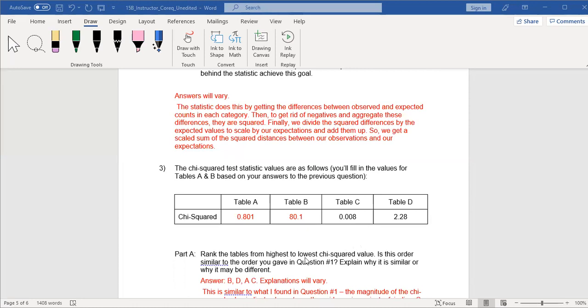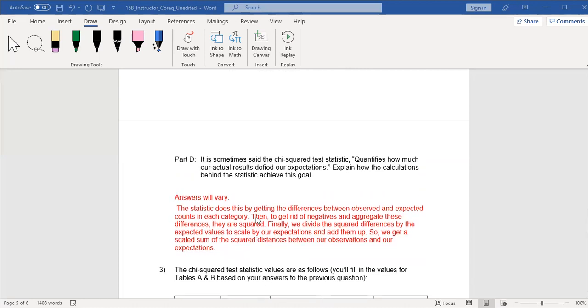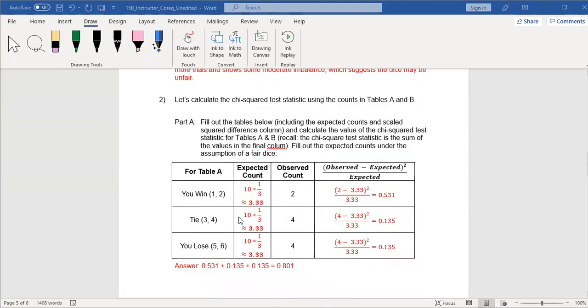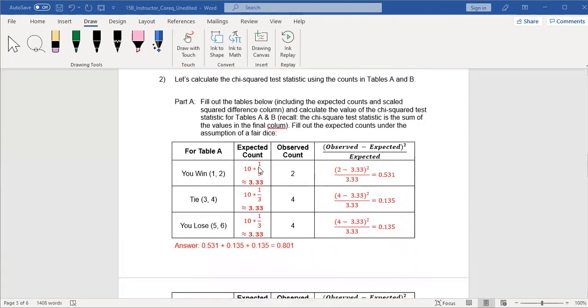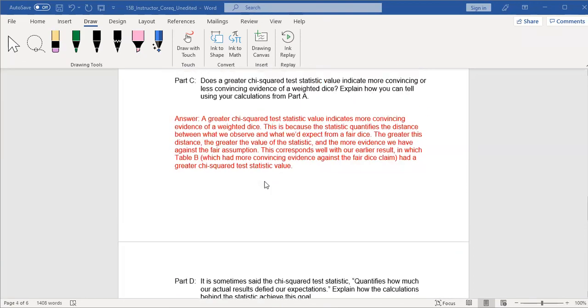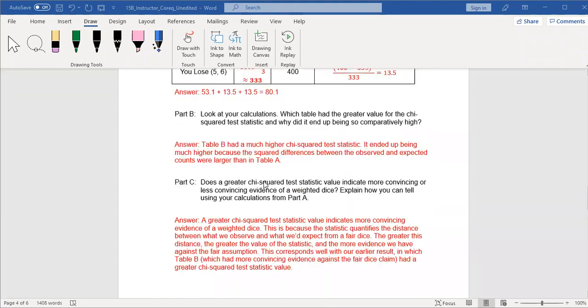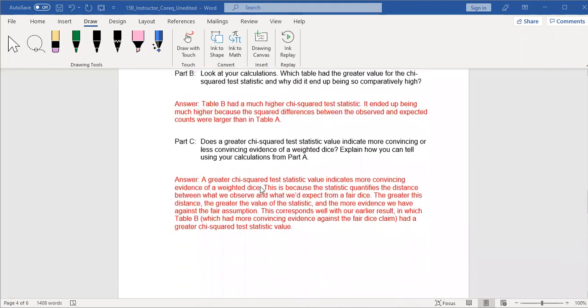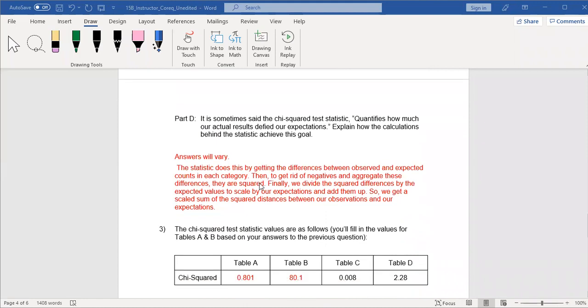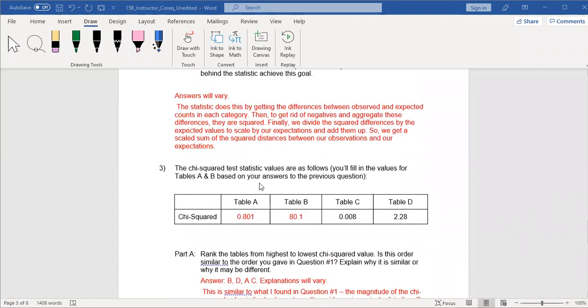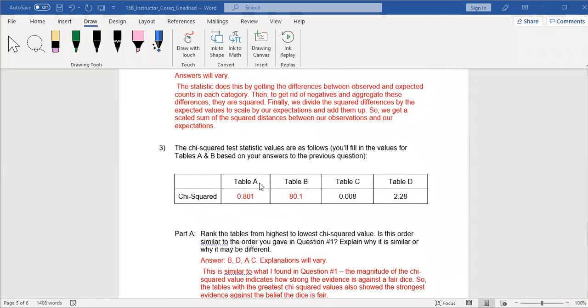If we look back at question 1, it is basically the same rank, right? So this is what we were trying to figure out: whether it's the same or similar to what happened at the beginning of this activity.